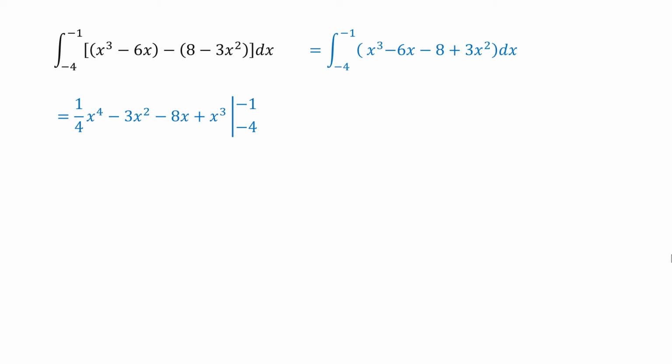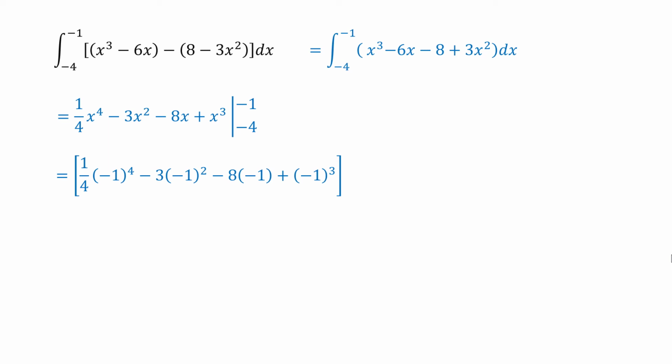So we take the antiderivative and put in the -1 every place there is an x. That results in 1/4 times -1 to the 4th, minus 3 times -1 squared, minus 8 times -1, plus the quantity -1 cubed.